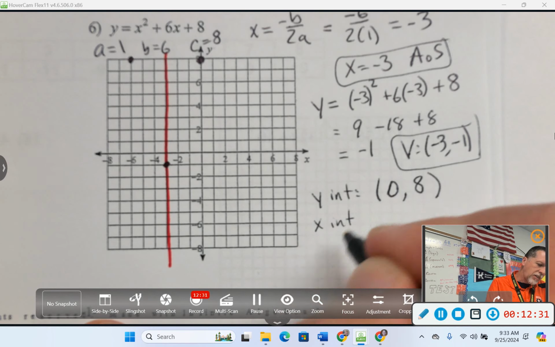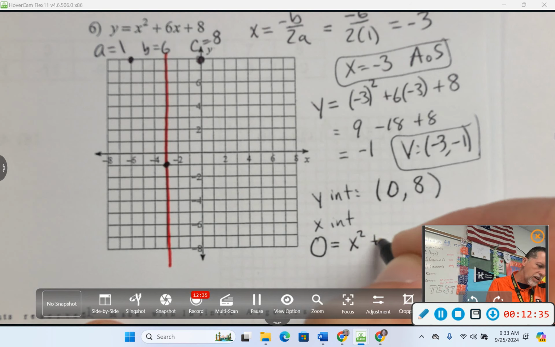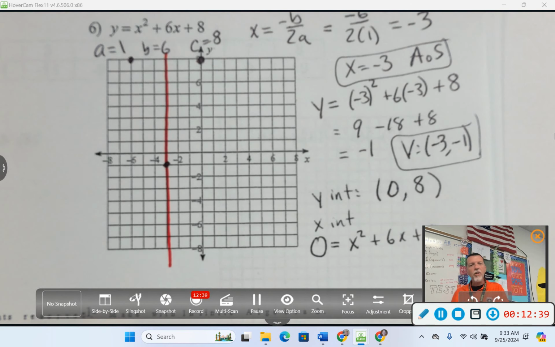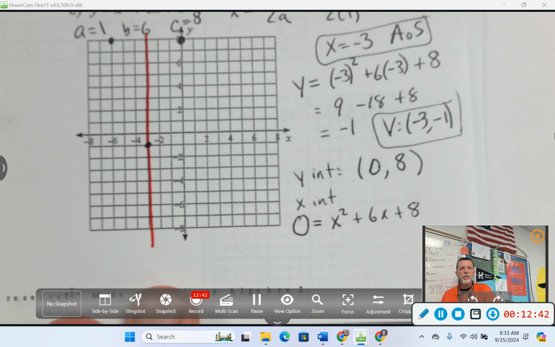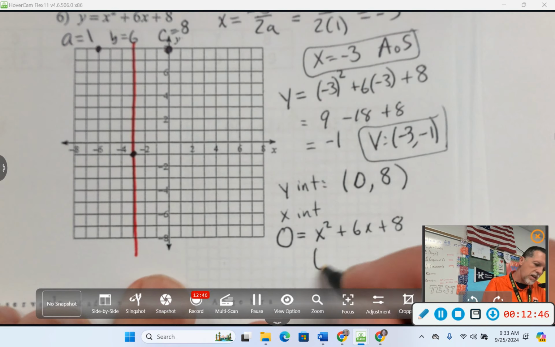All right, x-intercepts means we set y equal to 0. Wait, I guess we should ask first, are there going to be x-intercepts for this one? Definitely. So let's factor.